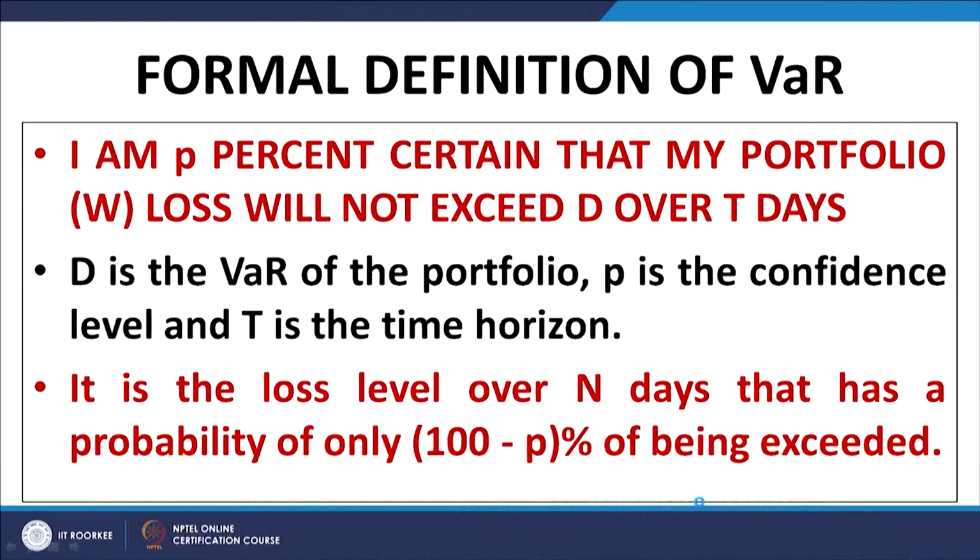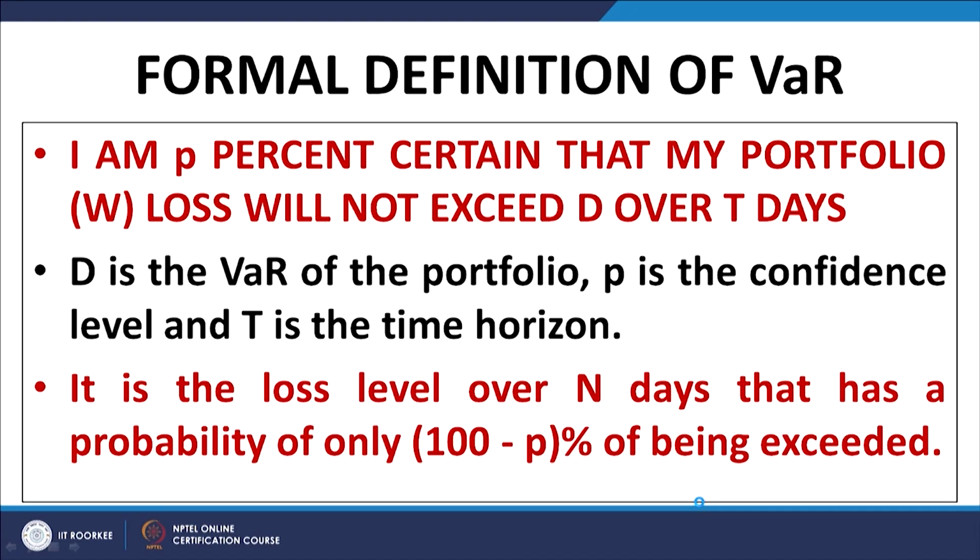So, let us now talk about the formal definition of value at risk. The formal definition is: I am p% certain that my portfolio W's loss will not exceed D over T days. Let me repeat slowly.